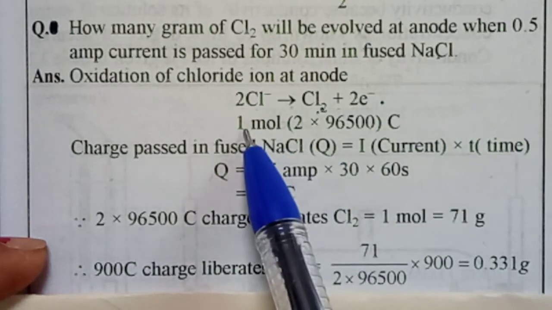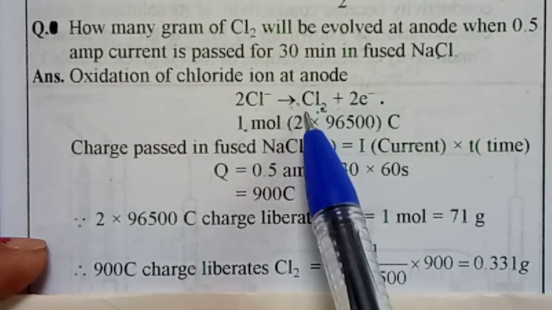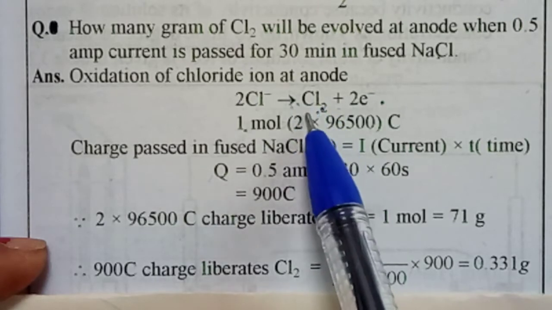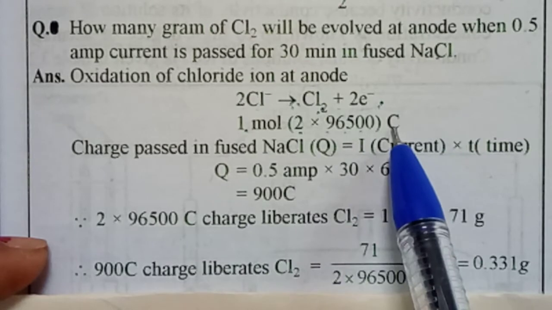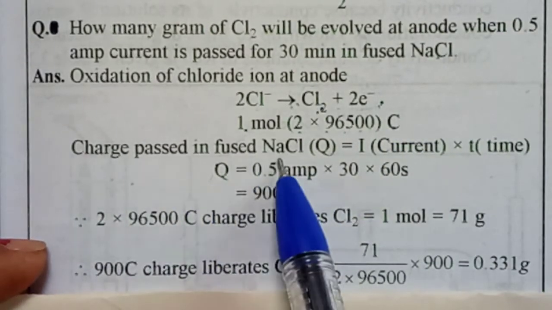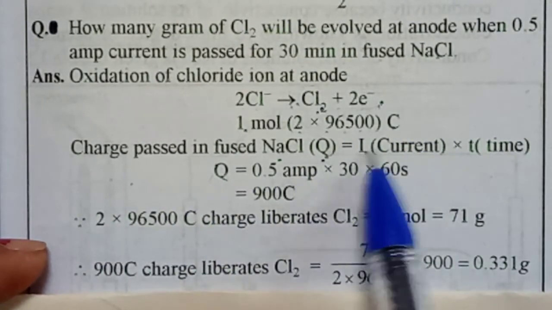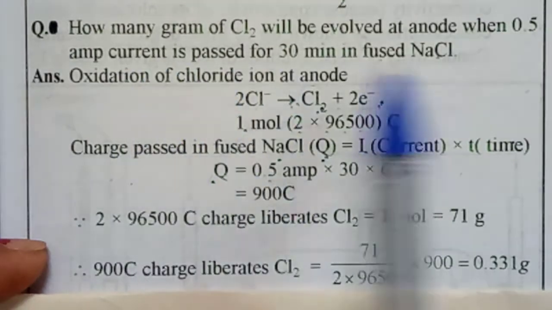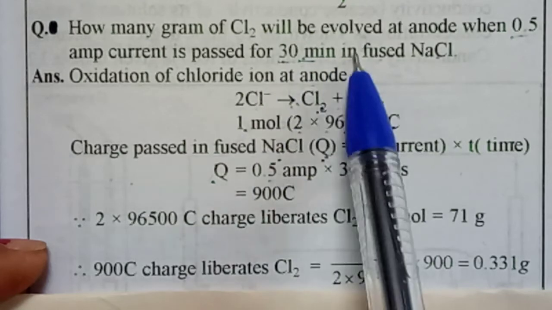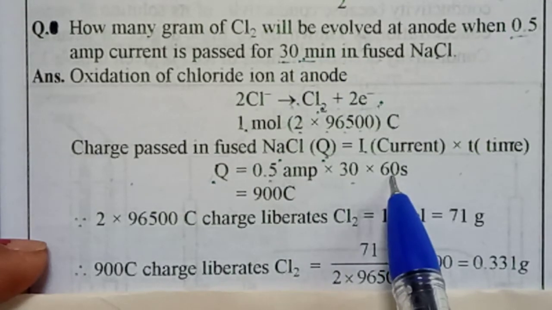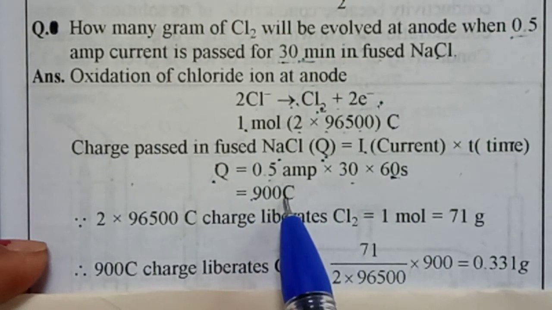This means 1 mole of chlorine is obtained by 2 moles of electrons, that is 2 × 96500 coulomb. The charge passed in fused NaCl is Q = It. Q = 0.5 amperes, and T = 30 minutes changed into seconds, 30 × 60. So this is 900 coulomb.